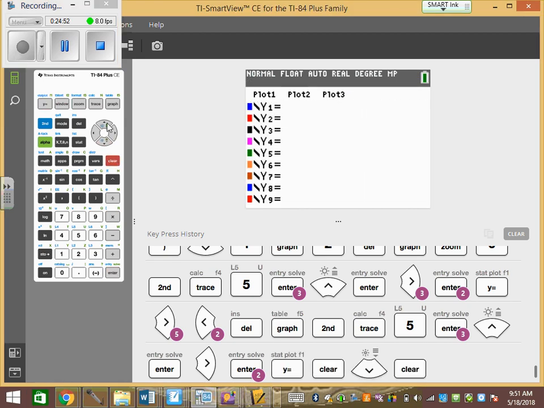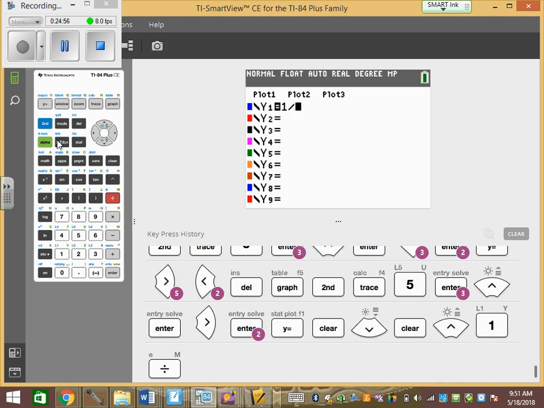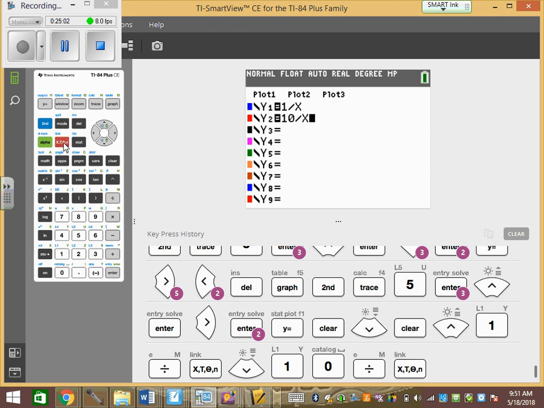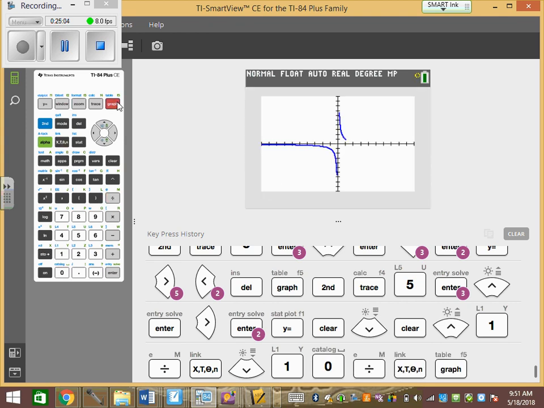Okay, so the blue one, I'm going to have 1 divided by x. And then the red one, I'm going to have 10 divided by x. What's happening? Go to your table of values. So go second graph.